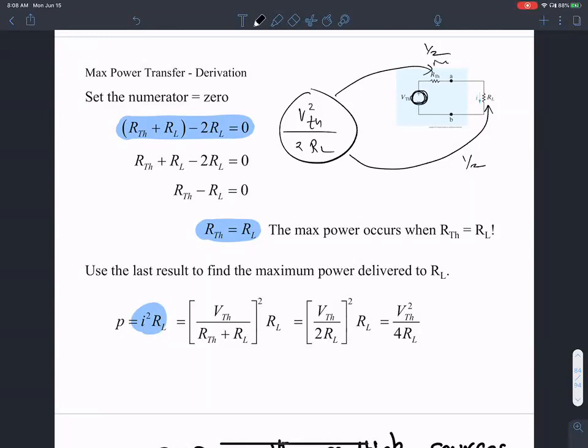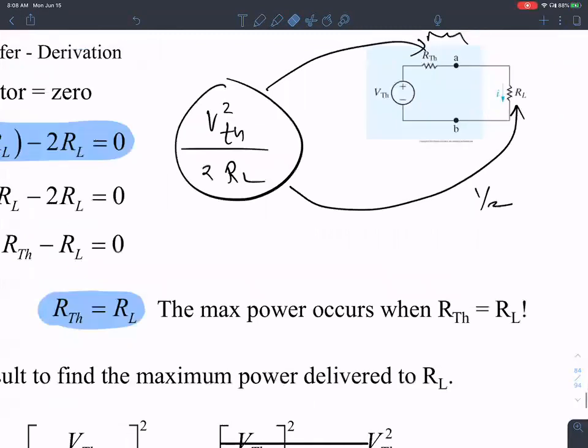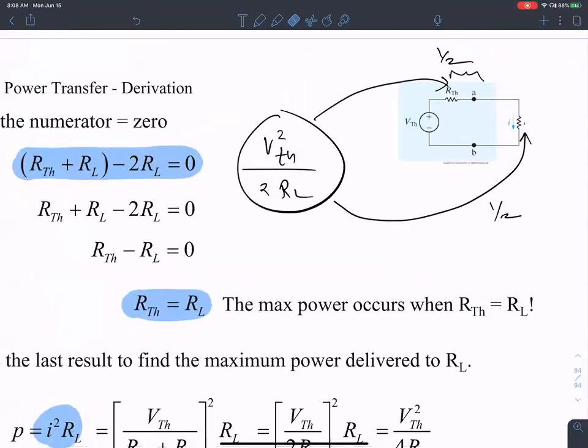Half of it is going to drop across, and that's the maximum. The maximum you can get is just half of the power delivered from the voltage source. One half is dropped across the load that you want, and the other half is dropped across the source resistance. Okay, we'll do a couple of problems.